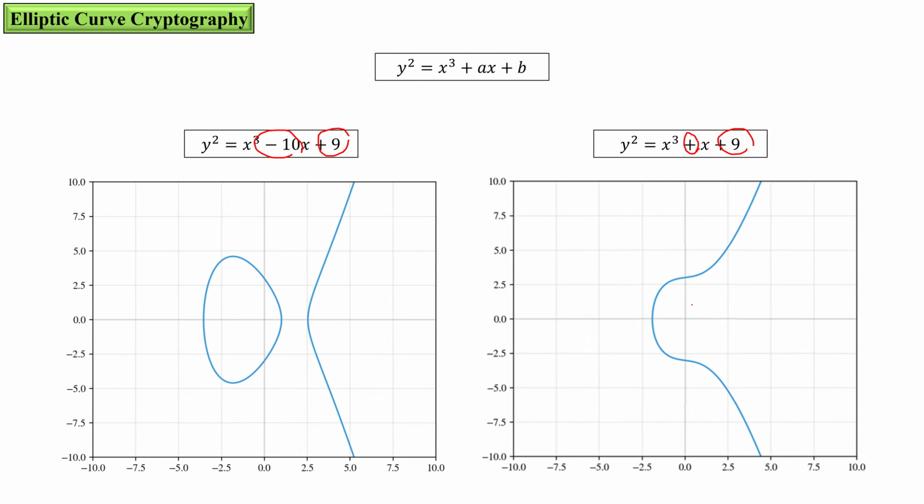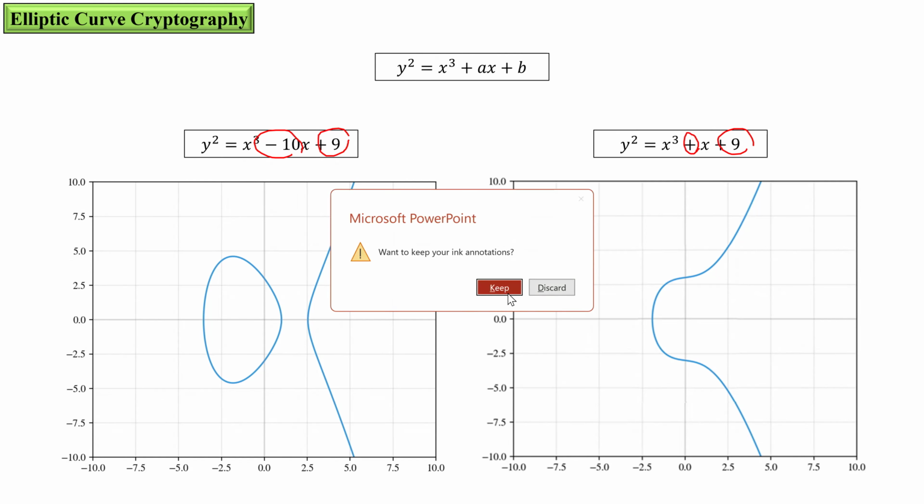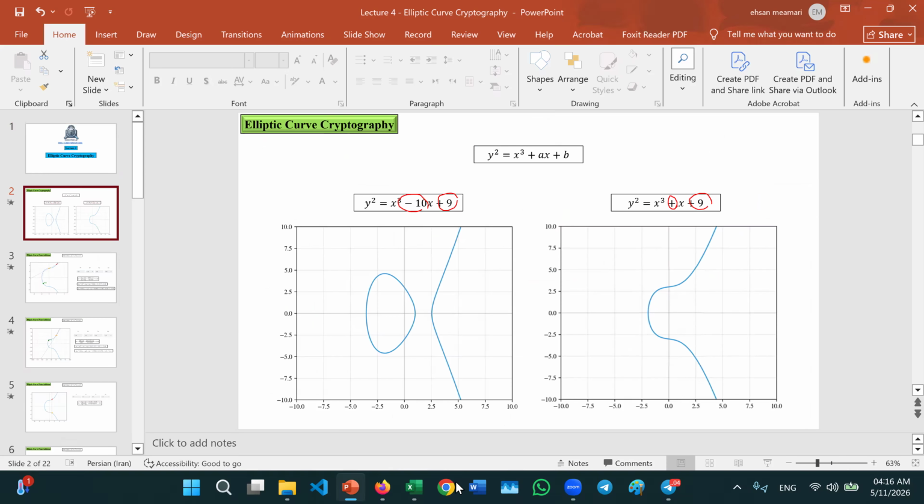Now we want to switch and use our website and see how we can change the figure with different values of a and b. Okay, so let me go back into the website here.